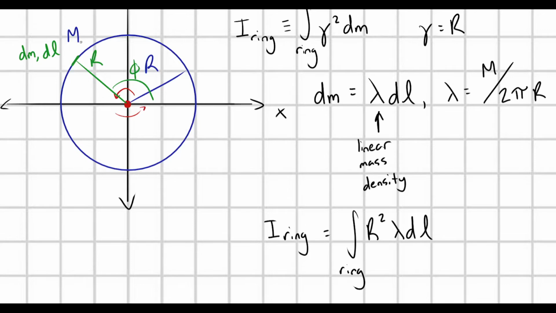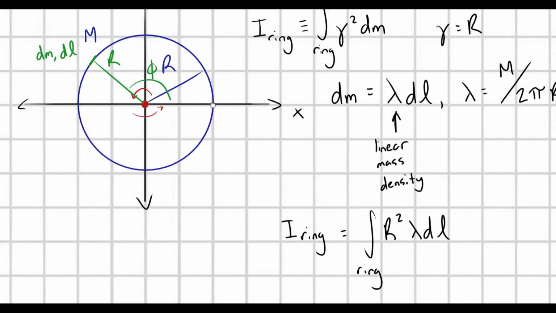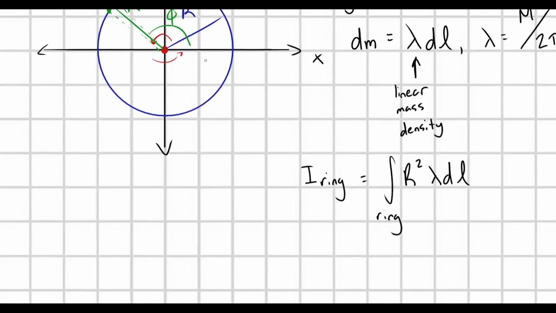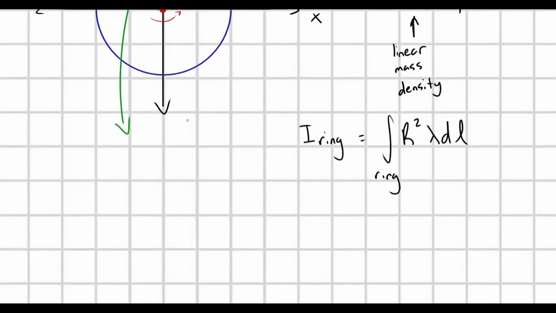So let's go ahead and think about what this linear element dl is actually going to end up being. Well, so let's mark two endpoints of this linear element here, and we can see that what we're going to have here is a little sector. And let's blow this sector up. So we're going to zoom in on this. So here we go.